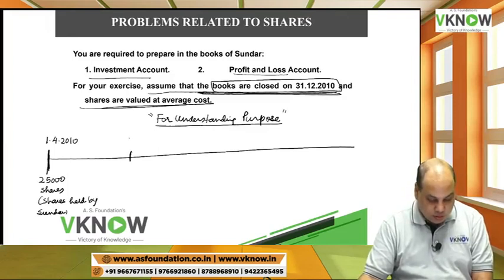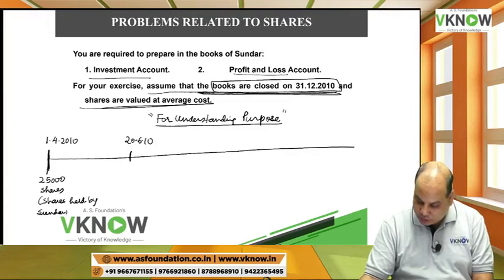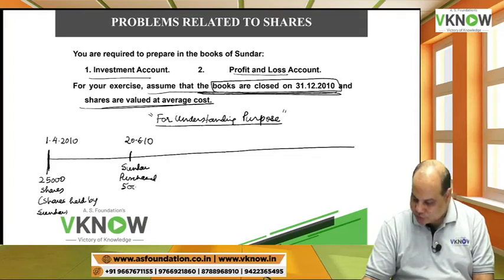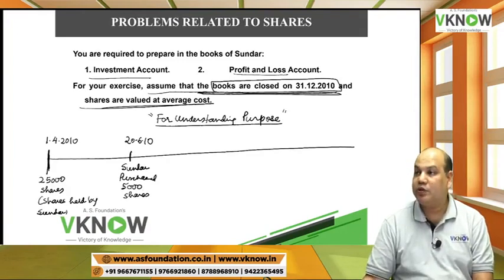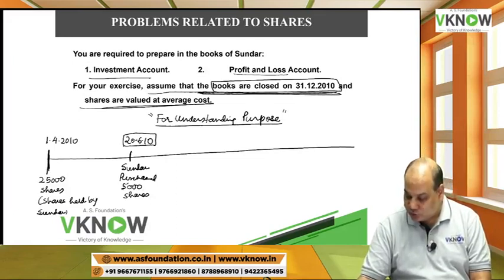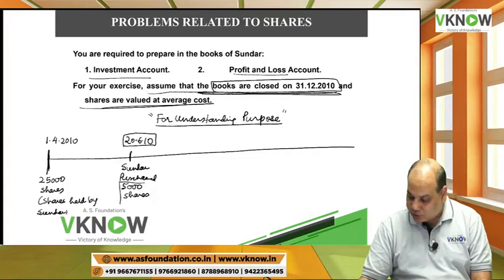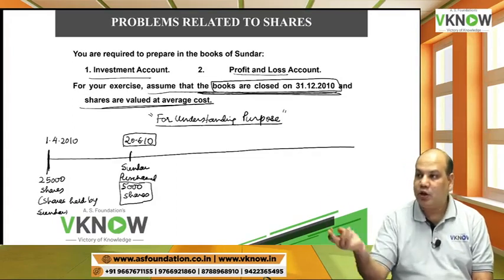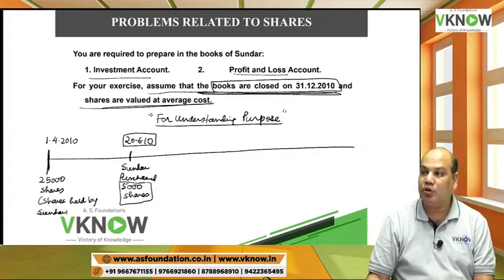Then on which date? 20th June 10, Sundar purchased 5,000 shares. Sundar purchased on 20th June, but these shares were outstanding in the books of company or not?